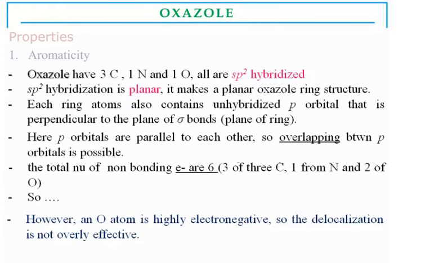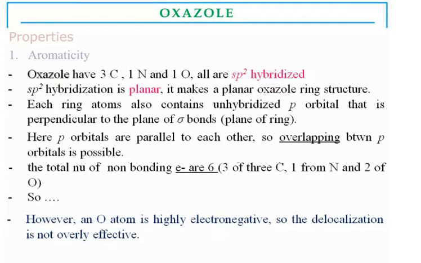Each ring atom also contains an unhybridized p orbital that is perpendicular to the plane of sigma bonds, the plane of the ring. P orbitals in oxazole are parallel to each other, so overlapping between p orbitals is possible.